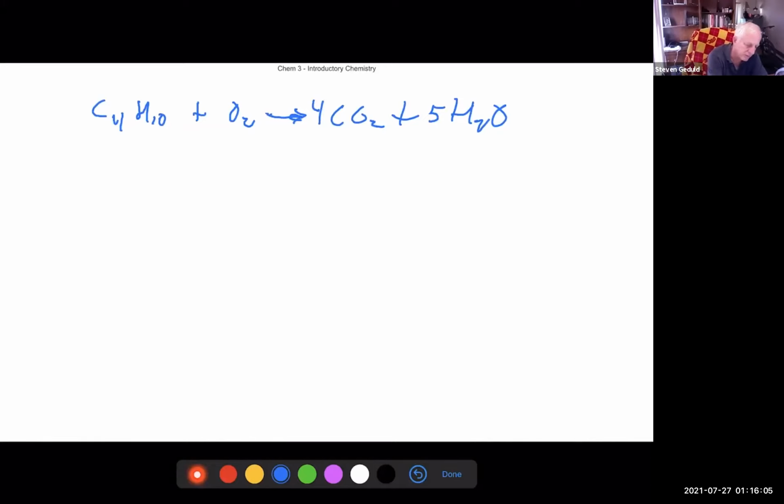It'd actually be 13 over 2. So it'd be 13 halves, and this would be 8, and this would be 10. Kind of messy there. There we go. Okay, now we're balanced, right? 8, 8, 20, 20, and 26, and 16 and 10, 26.